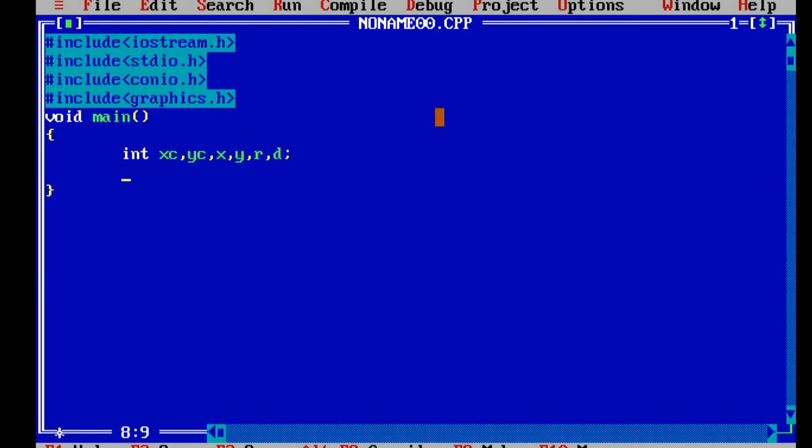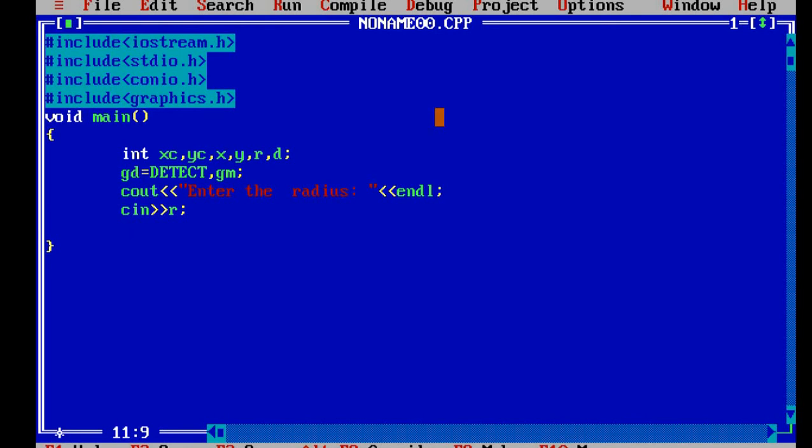Then the graphics driver gd equal to DETECT, comma, the graph mode gm. Then cout, enter the radius, and cin r.